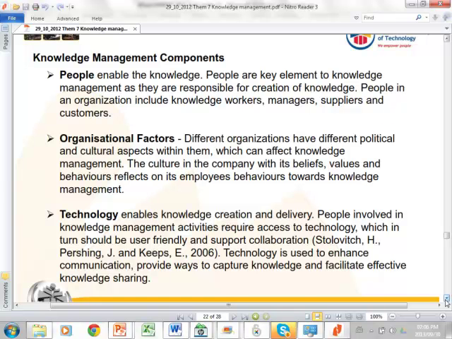Because although we try to teach computers, computers are not human. And they can only learn to a limited extent. Whereas we as humans have amazing brains and we can actually learn quite amazing things. Then the organizational factors, which we've already spoken about. Remember, we spoke about the 6 external and the 3 internal organizational factors.